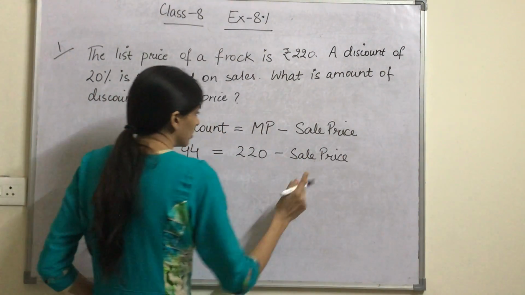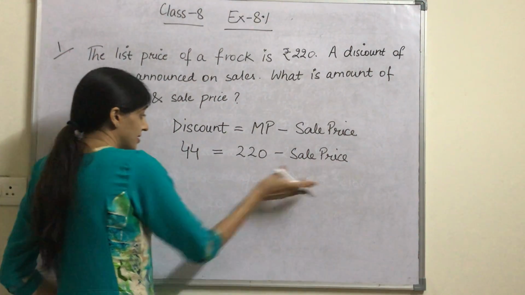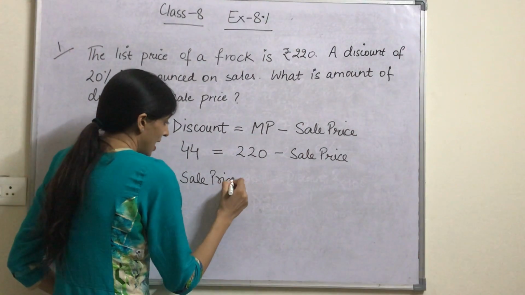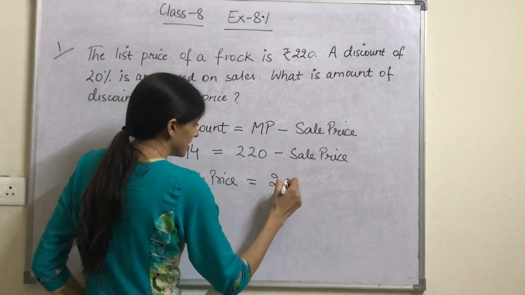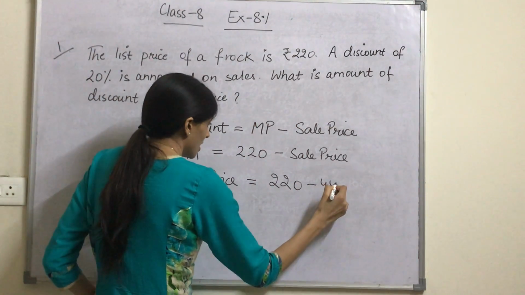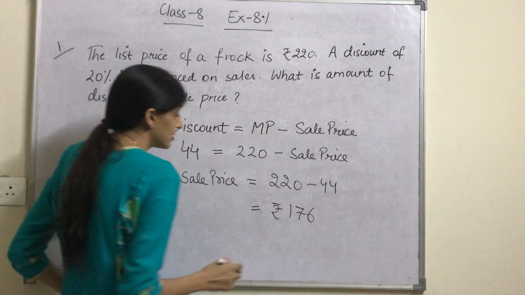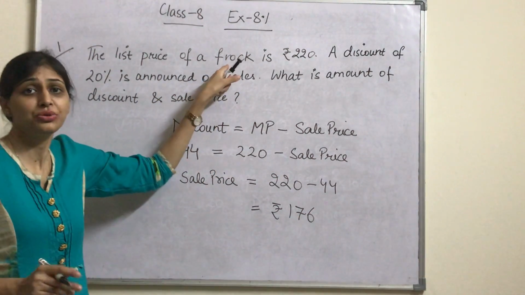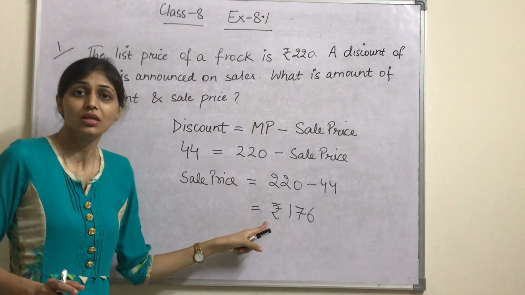So can you find out the sale price from here? Yes. Take the negative sale price to this side, it will become positive sale price. And this positive, when it goes from this side to this side, becomes negative. So it comes out to be rupees 176. So this is your final price of the frog which you get from the shop. Right? So in this way you can solve this question.